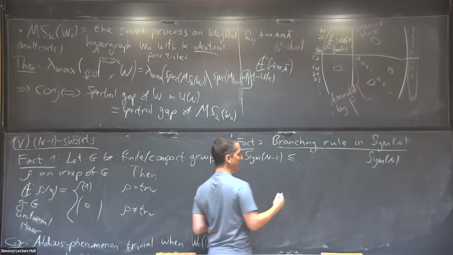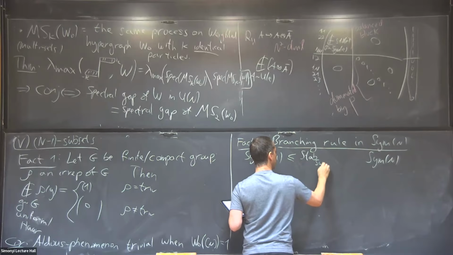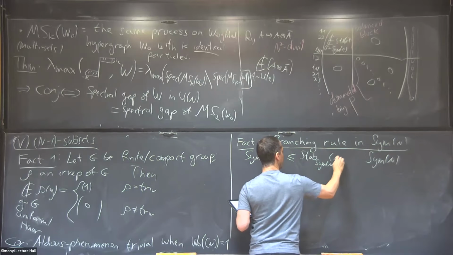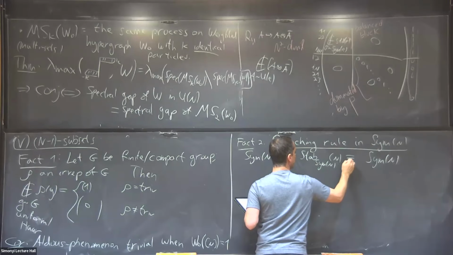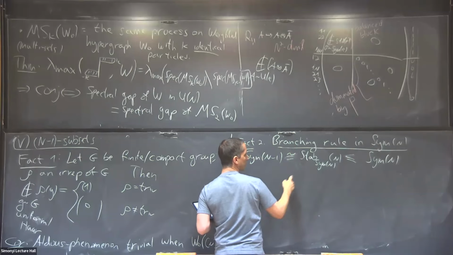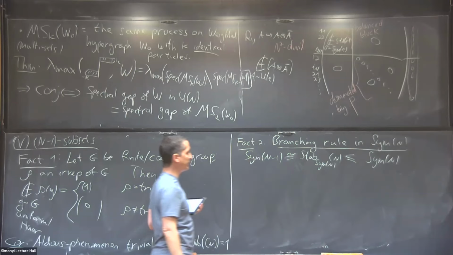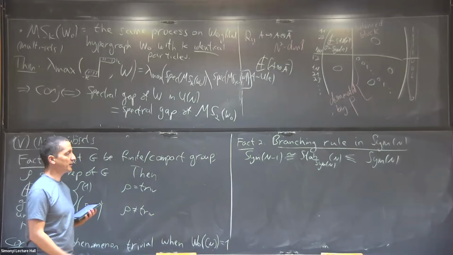For example, I can take the stabilizer of the element n. So all the permutations that stabilize the point n. It's just Sn-1, and I think of it as a subgroup of Sn.